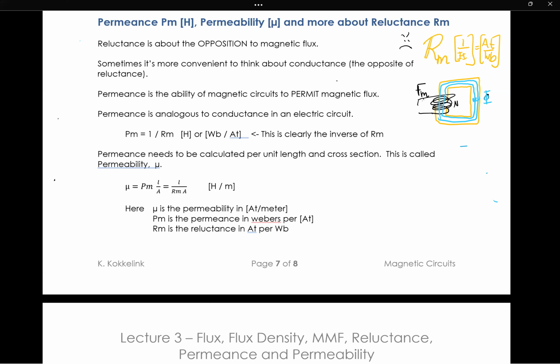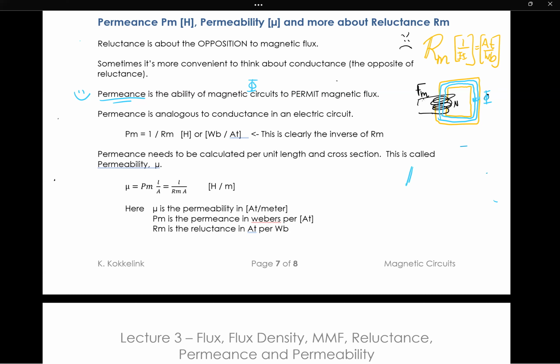But sometimes it's more convenient to think about the opposite of reluctance. So permeance means it's sort of how welcoming, how happy it is for those magnetic flux lines to be permitted to be established in this magnetic circuit.